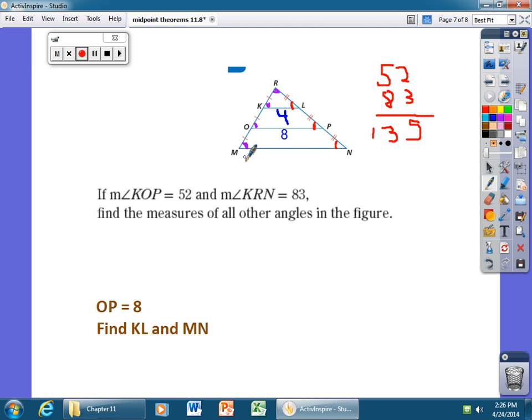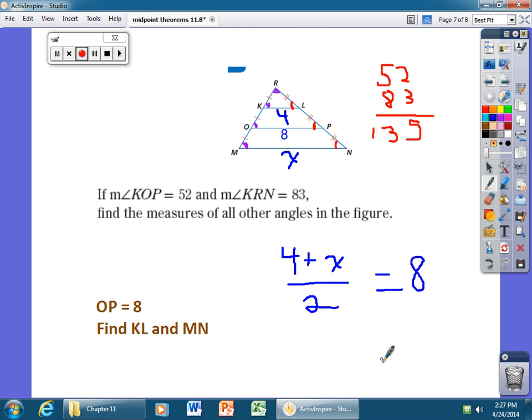Okay, so now I need to find MN. To find MN, I have to remember what the trapezoid midsegment theorem is. It says if I take 4 and add it to whatever that is, which I'm going to call X right now, and I divide it by 2, I should get 8.